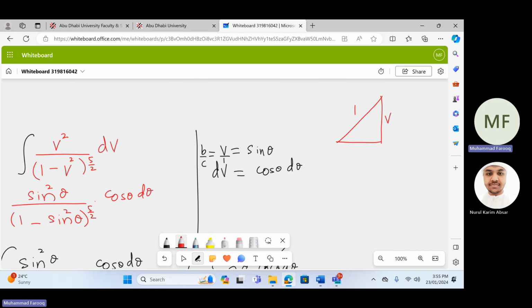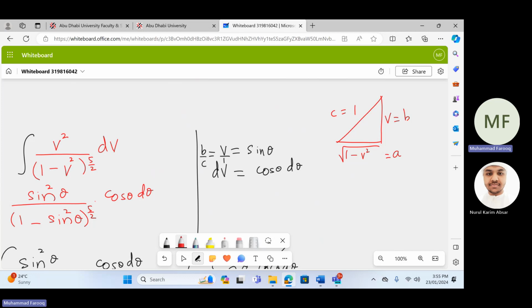Yes or no? Please don't confuse. V means X. They won't change the name of the V. So this is C, this is V. I need A. What is A? A square is C square minus B square, square root. C square minus V square, you get A. So this is C, this is B, and this is A.